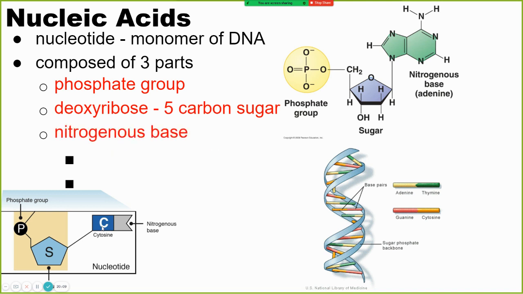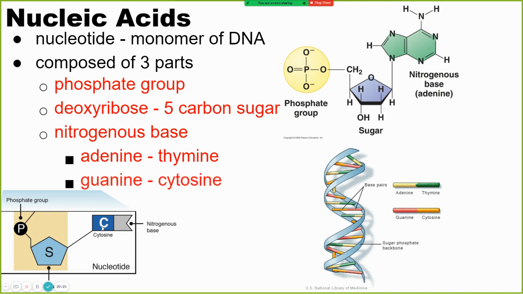The bases have letters that we use to abbreviate them. The bases are A for adenine, T for thymine, G for guanine, and C for cytosine. Those are the 4 bases that make up DNA.